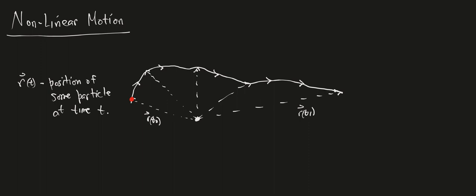This position function has different names. Sometimes it's called a path, sometimes a trajectory.